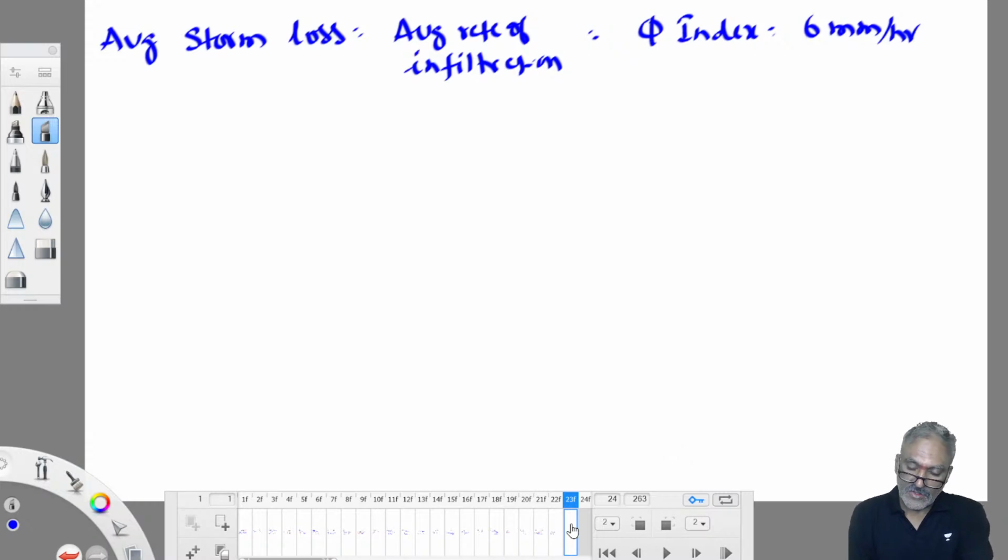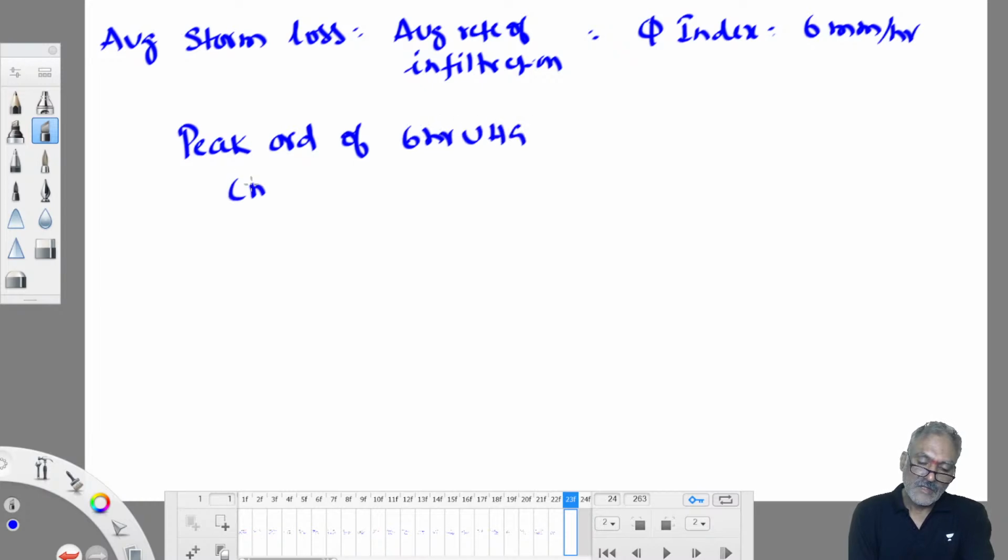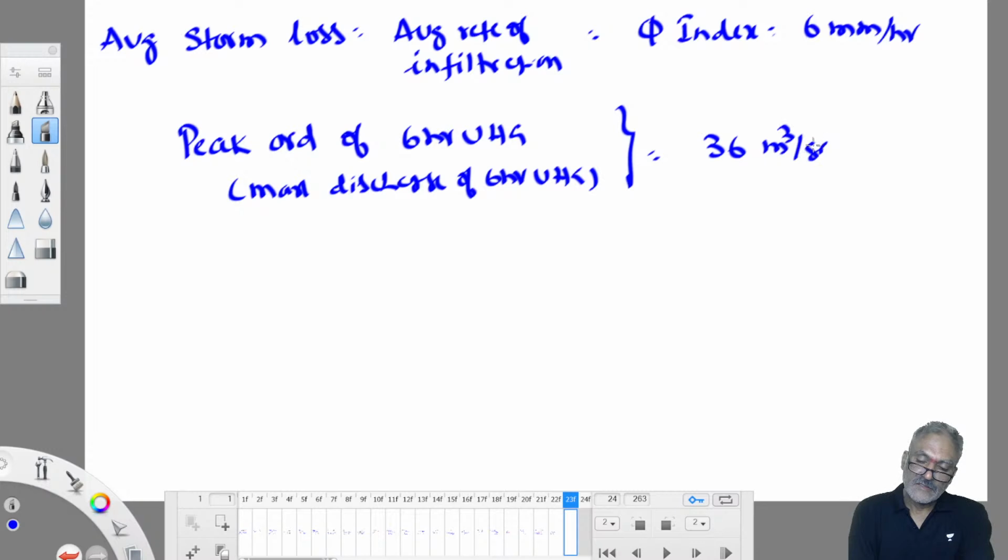But unless R is known, you can't find out PE. The peak ordinate of the 6-hour unit hydrograph is equal to the maximum discharge of the unit hydrograph. Among all, the maximum value is 36 cubic meters per second. Then what else is given?